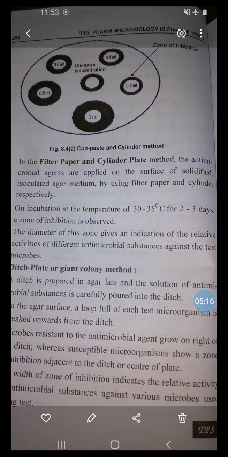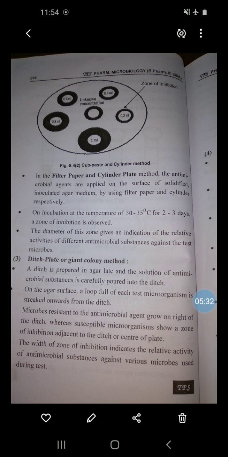Here we can see the zone of inhibition. The diameter of this zone gives an indication of the relative activities of different antimicrobial substances against the test microorganism. Here there are different zones of inhibition.